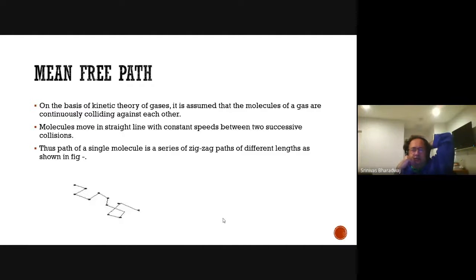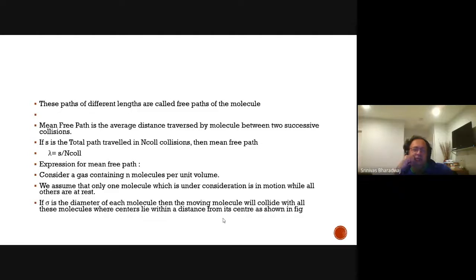On the basis of the kinetic theory of gases, assume the molecules of a gas are continuously colliding against each other. They are all hitting against each other, hitting against the wall, etc. Molecules move in straight lines at constant speeds between collisions, therefore they follow what is called a kind of Brownian motion. The mean free path is the average distance traveled by a molecule between two successive collisions.